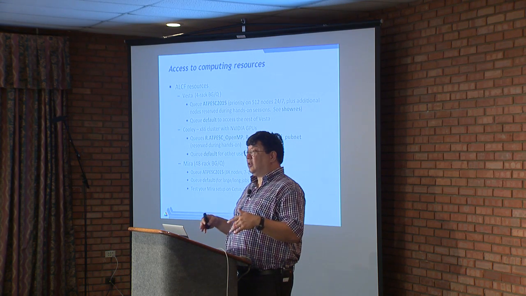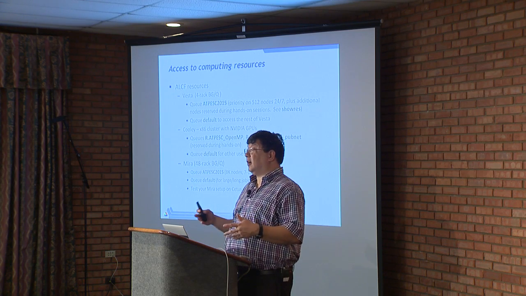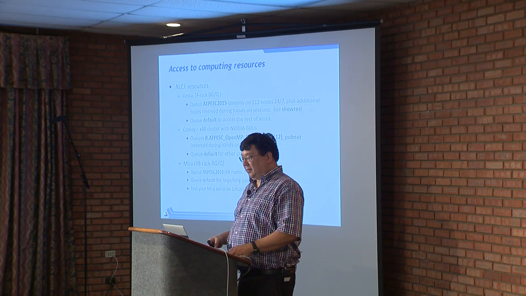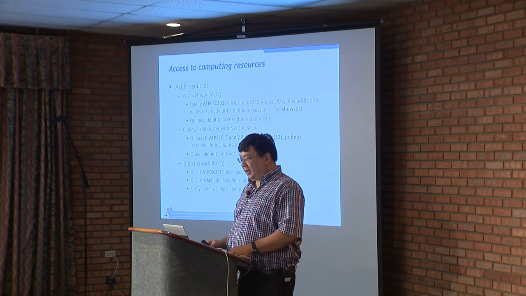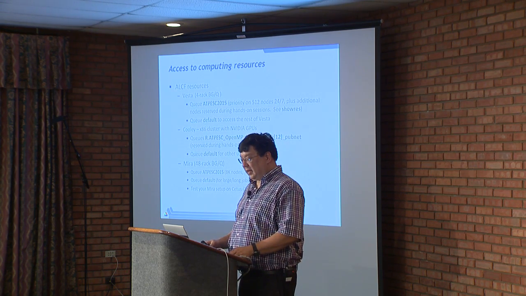There's no problem with that. It's just that you don't have a special privilege in terms of priority over other jobs. But the system doesn't tend to be super busy usually, so that shouldn't be a problem. If things are not working out, come talk to us, and we'll let you know.